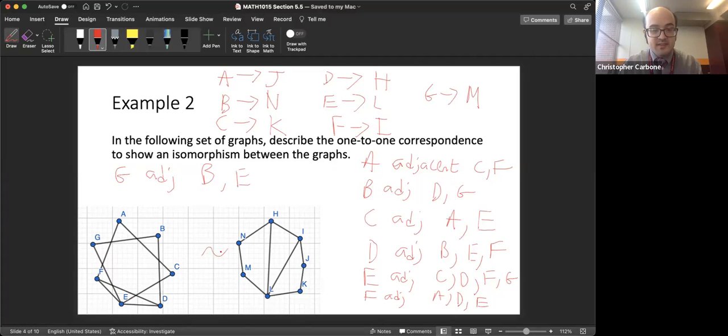So yes, indeed, these two are isomorphic. It should also be noted that due to these being adjacent, that provides us this isomorphism.